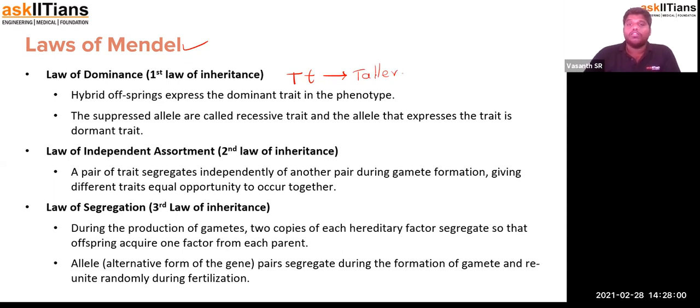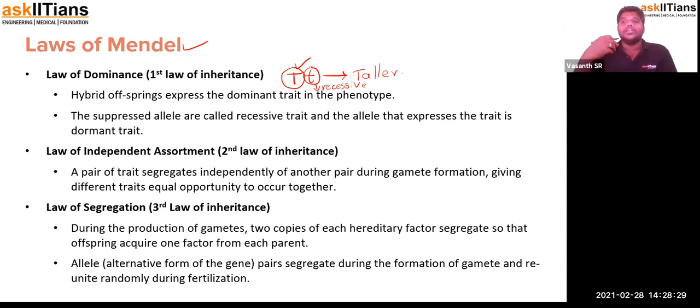Okay, so this is the law of dominance. Under heterozygous condition, only one allele gets to be dominant. The allele which gets suppressed because of the dominant allele, we call recessive. This is how he determined that the character which dominated was expressed even in the presence of another allele.